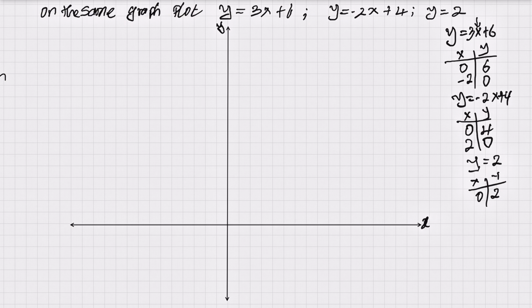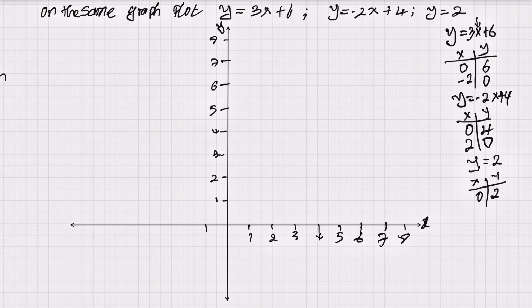So we can do 1, 2, 3, 4, 5, 6, 7, and 8 on the y-axis. We'll do the same on the x-axis: 1, 2, 3, 4, 5, 6, 7, 8.